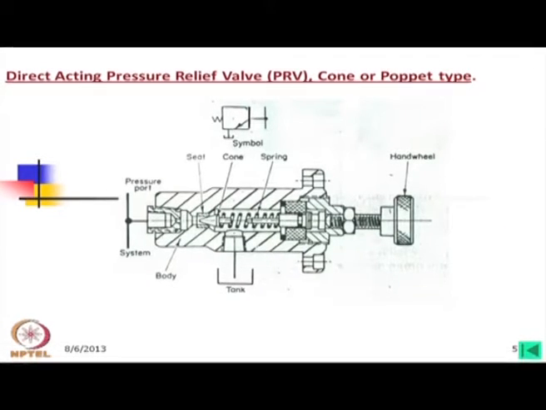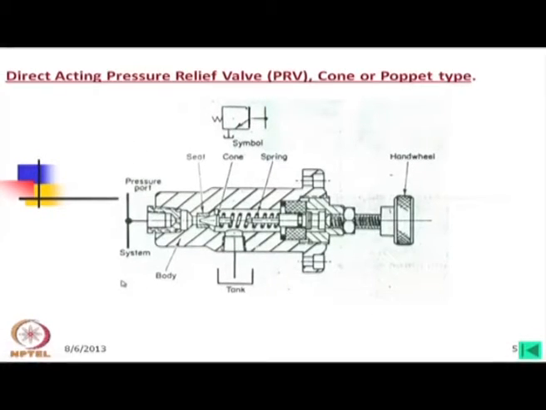Now, we shall consider the direct acting pressure relief valve, cone or poppet type. Now, look at this. This is the system line.